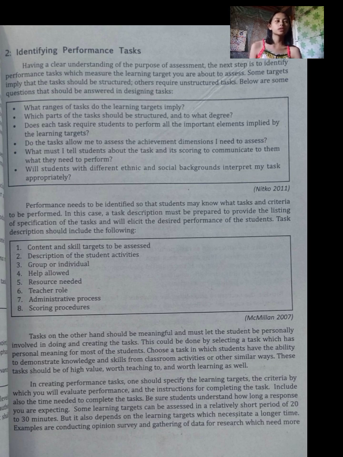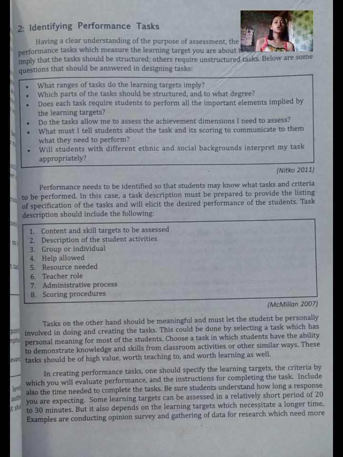So it is really important to ensure that your learning target and your performance tasks match each other. In giving a description of the task, it should include the following elements: the content and skills targets to be assessed, description of the students' activities, whether groupings or individuals, what help they can get from other people or the help that is allowed, the resources needed, the role of the teacher in that particular assessment, administrative process, and scoring procedures.